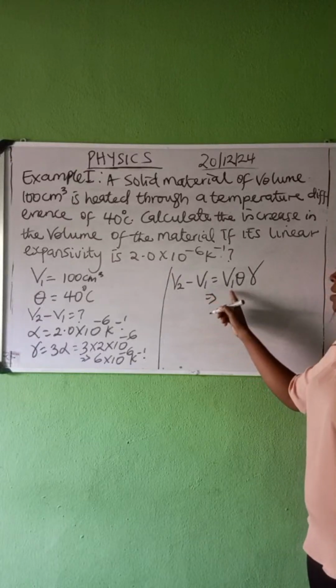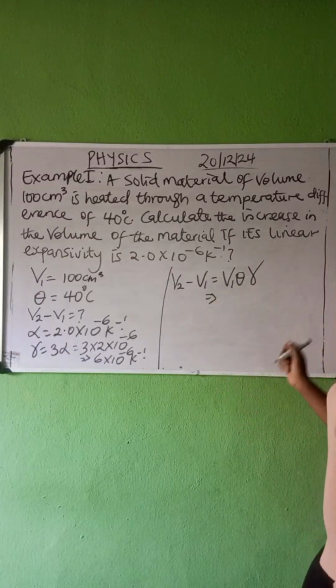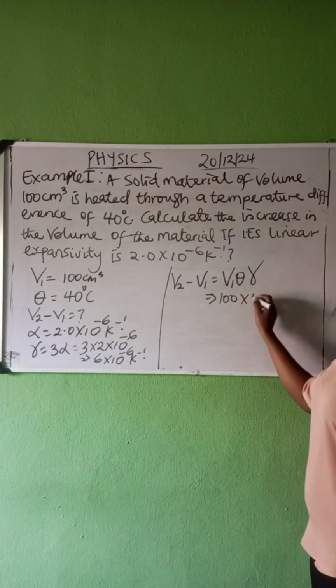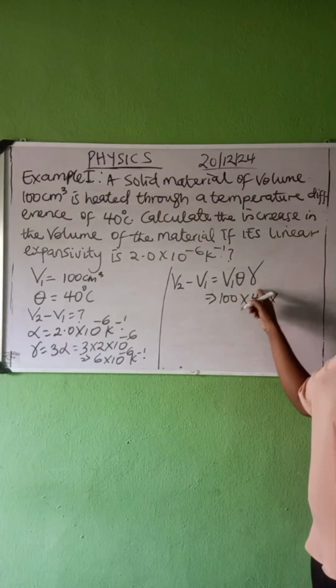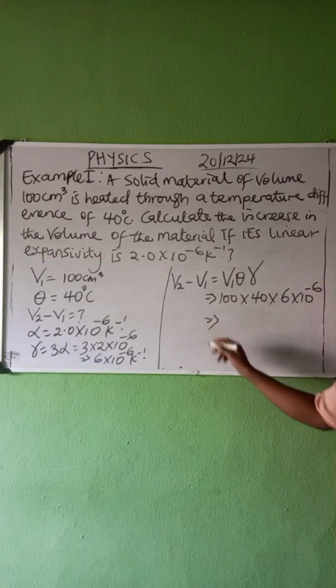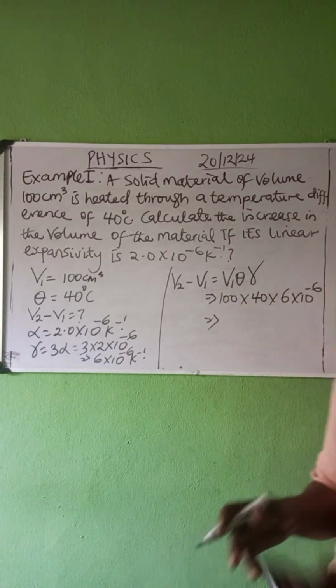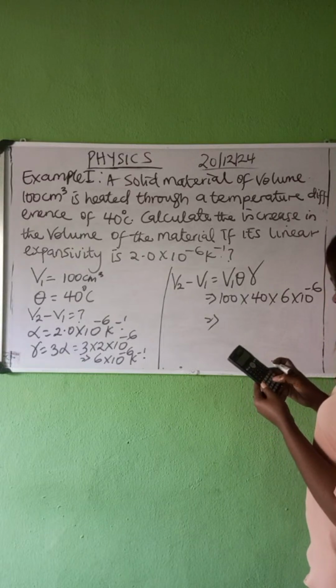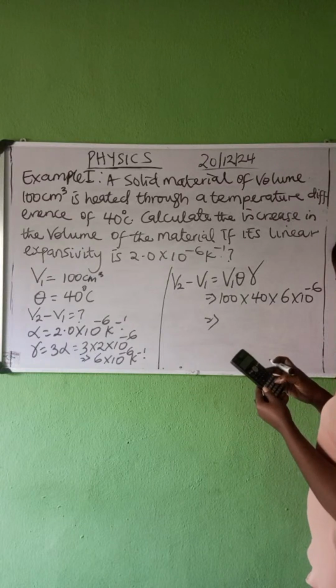So with that being said, the increase in volume is 100 multiplied by theta, which is 40, then multiplied by gamma, which is 6 times 10 raised to the power of minus 6. We can use our calculator to do that. This is 100 multiplied by 40 multiplied by 6 exponent minus 6.